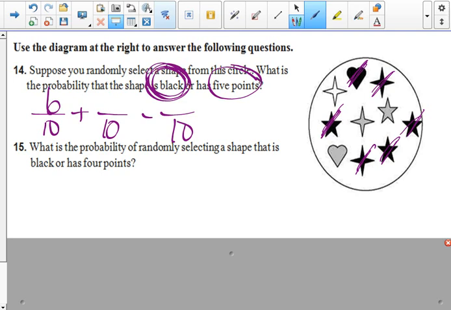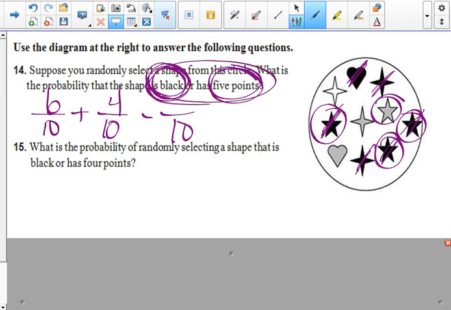Okay, now how many of all these objects have 5 points? 1, 2, 3, 4. Now we have to take away the ones that are both black with 5 points. So that would be 1, 2, 3, because they got double counted.